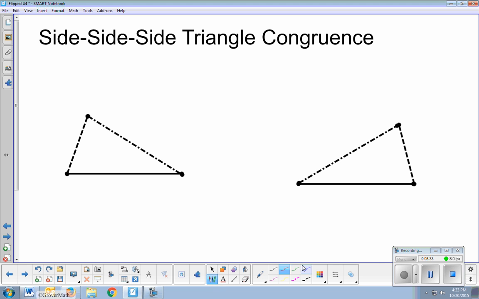So this length corresponds to this length, and this is the same length as this length, and this is the same length as this length. These 2 triangles are congruent. You can use your protractor and you'll see that this angle is congruent to this angle, and this one's congruent to this one, and this one is congruent to this one. There's only one way to do that. So you can prove 2 triangles are congruent without proving any angle congruencies at all, if you can just prove that all 3 pairs of sides are congruent.